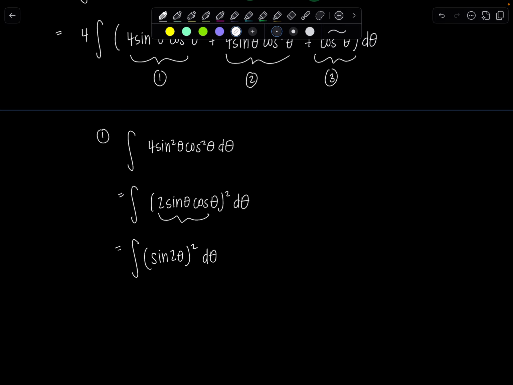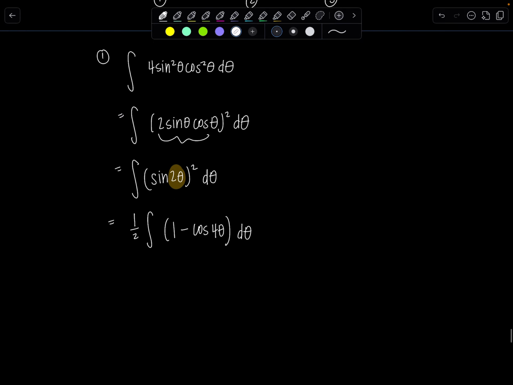When I have sine of some quantity squared, I use my half angle identity. So we're going to have 1/2 integral 1 minus cosine, and then now you always double the argument. So it's going to become 4 theta, very good, d theta. And then from here, you should be good to take your antiderivative.